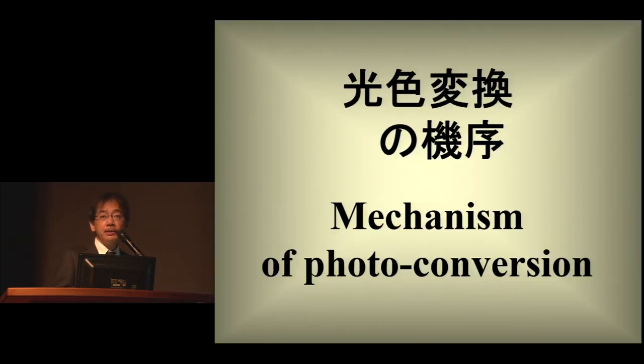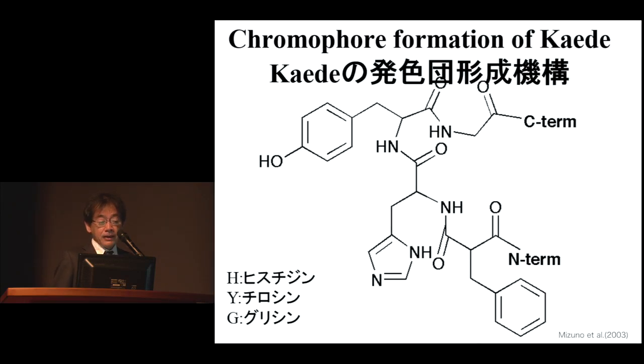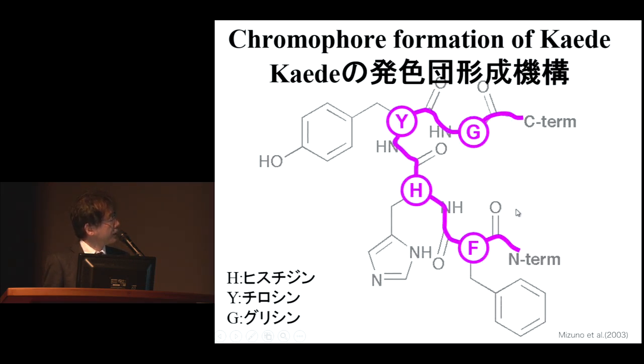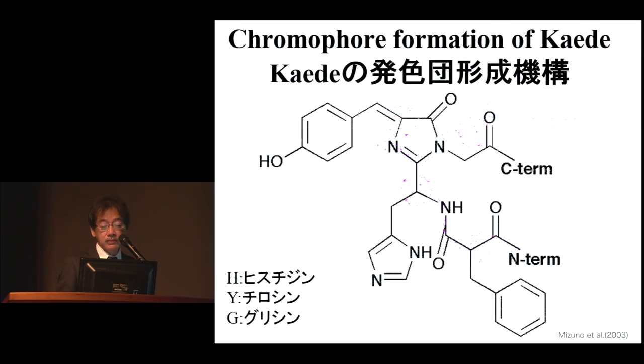And successfully we elucidated the molecular mechanism of the photoconversion. Okay. And this is the essence. Kaede has HYG, histidine, tyrosine, glycine, as the three amino acids for chromophore formation. And the histidine has an imidazole ring as a side chain. Okay. And again, through the same three reactions, cyclization, dehydration, and oxidation, the green chromophore is made. Okay.